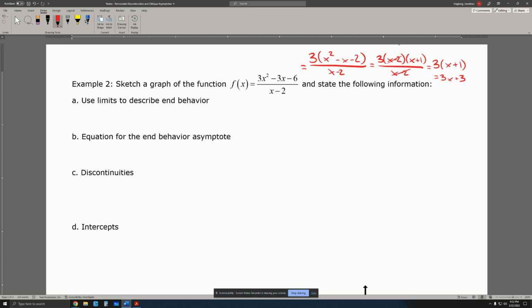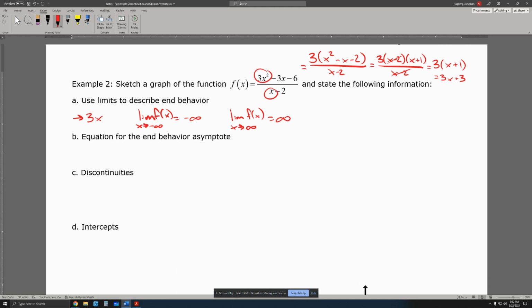Using limits to describe end behavior, if we look at the original function or the reduced function, we see that the end behavior is going to approach that of 3x. So that tells us that the limit of f of x as x approaches negative infinity is negative infinity, and the limit of f of x as x approaches positive infinity is positive infinity.